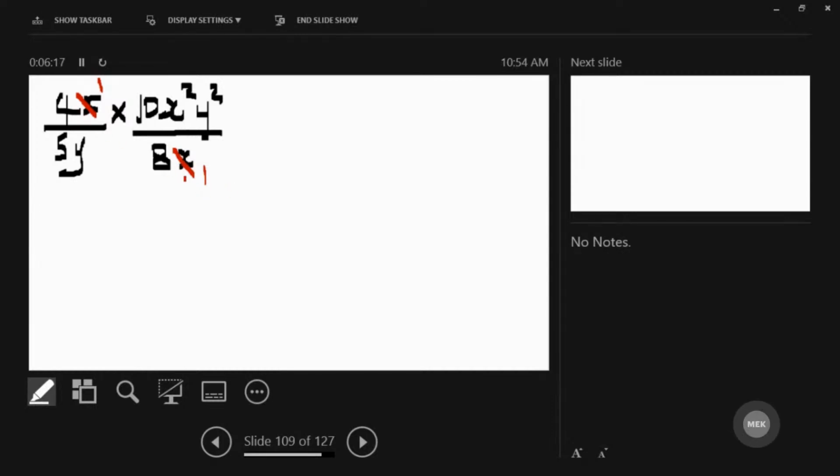And the 4 can go into the 8, so 4 into 4, 1 time, 4 into 8, 2 times. 5 can go into 10, 5 into 5, 1, 5 into 10, 2. And this 2 cancels that one. And what's left? The y. So y cancels itself, and we can just cross out the square to show that we're left with 1y there.